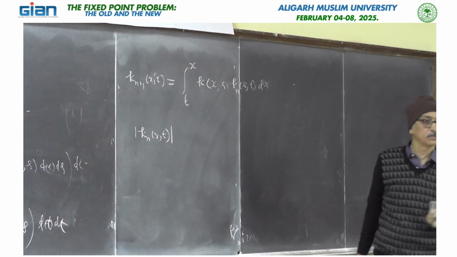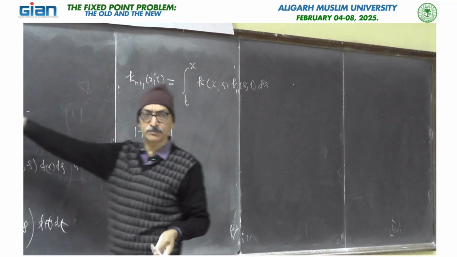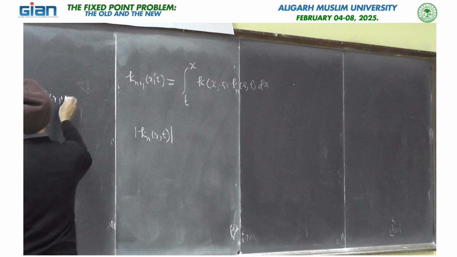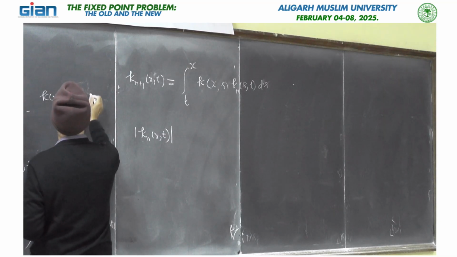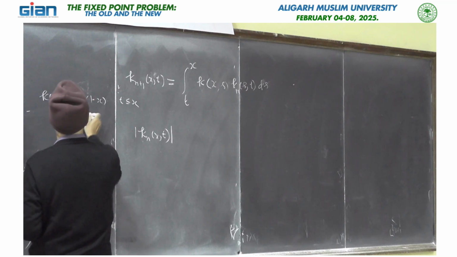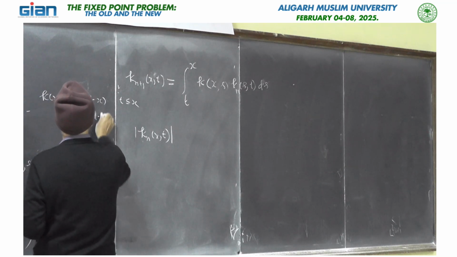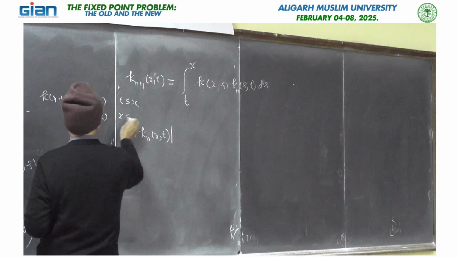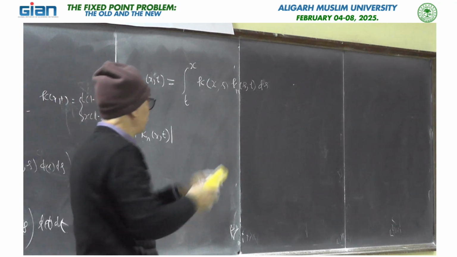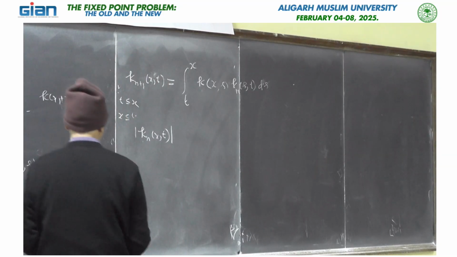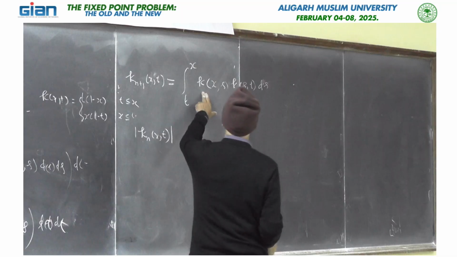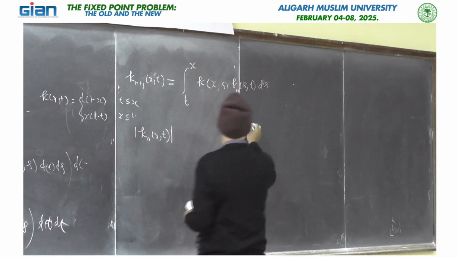For the time being, let us take that K, because for that particular example, K(x,t) was simply t(1-x) for t less than or equal to x, and x(1-t) for x less than or equal to t. At least for that case this is a continuous function, and on this compact square it will be bounded. So, let us take that K(x,t) is bounded by M.